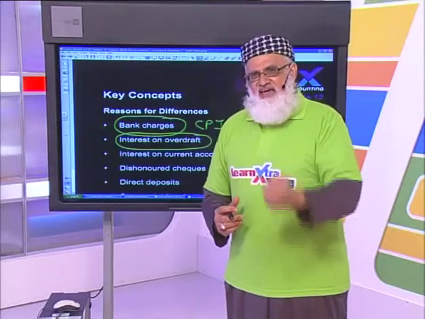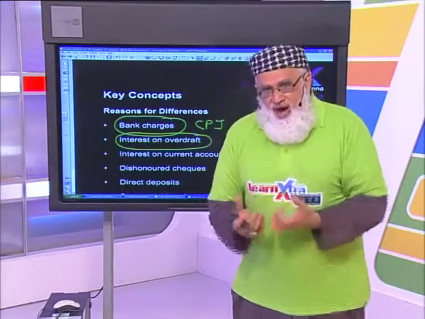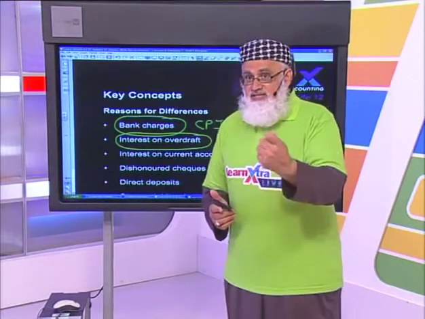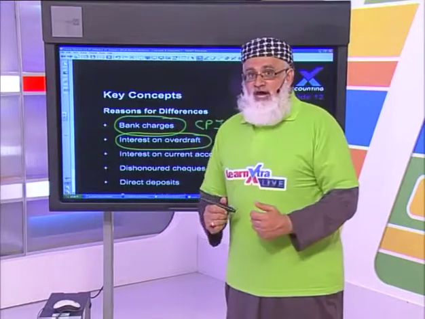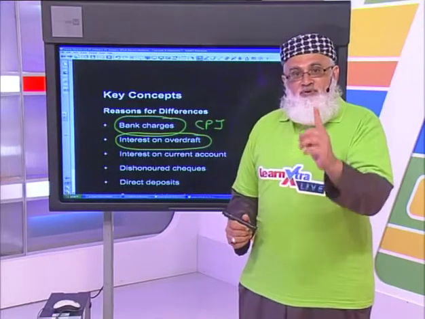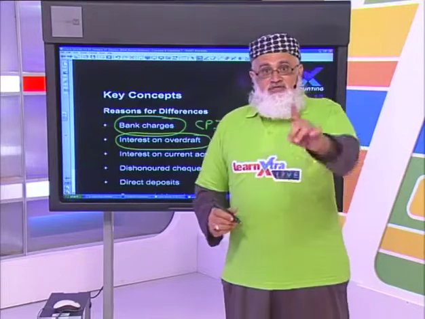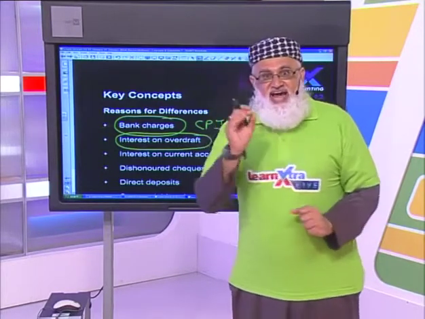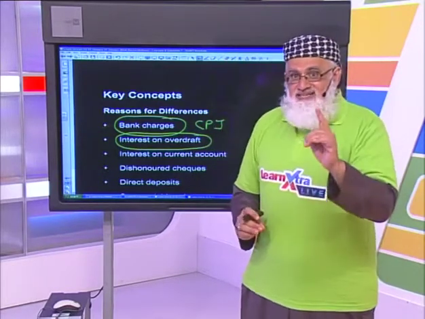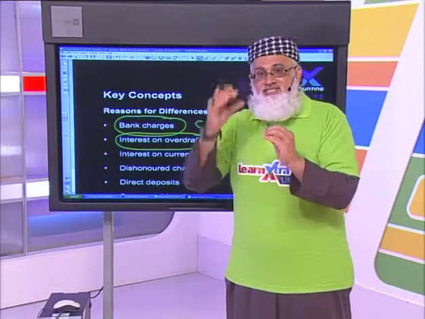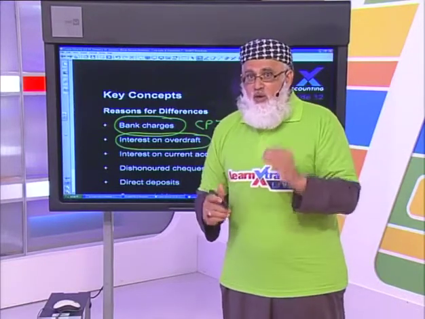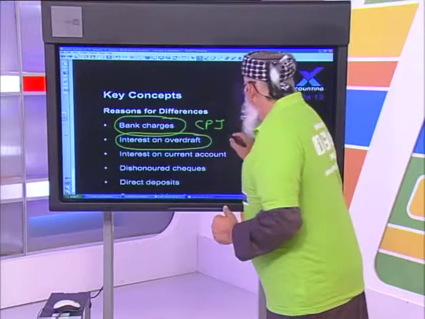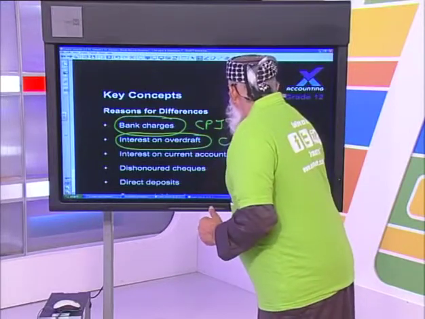Now, always have an inquiring mind. Why is that? The reason? Because interest on overdraft is not an operating expense. Interest on overdraft, guys, is a financing expense, and as a result, needs to be shown separately. Keep that always in the back of your minds. So, enter into your cash payments journal as well.